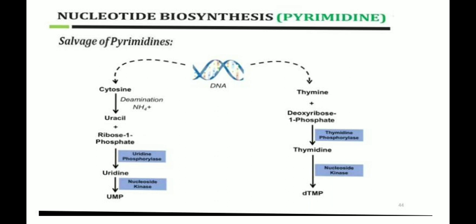I hope you understand how purine biosynthesis takes place and how pyrimidine biosynthesis takes place. As compared to purine biosynthesis, pyrimidine biosynthesis is quite simpler. You must have understood how and why it is simple, because in de novo purine synthesis we discussed 11 steps, right, and in the case of pyrimidine only 6 steps are there. So this is about nucleotide biosynthesis, in which we saw what happens in purines and what happens in pyrimidines. Alright, thank you.